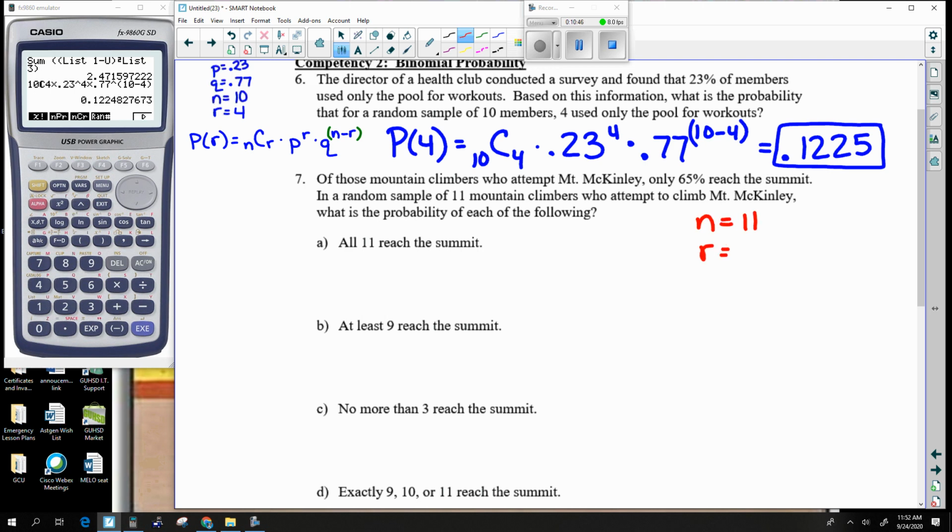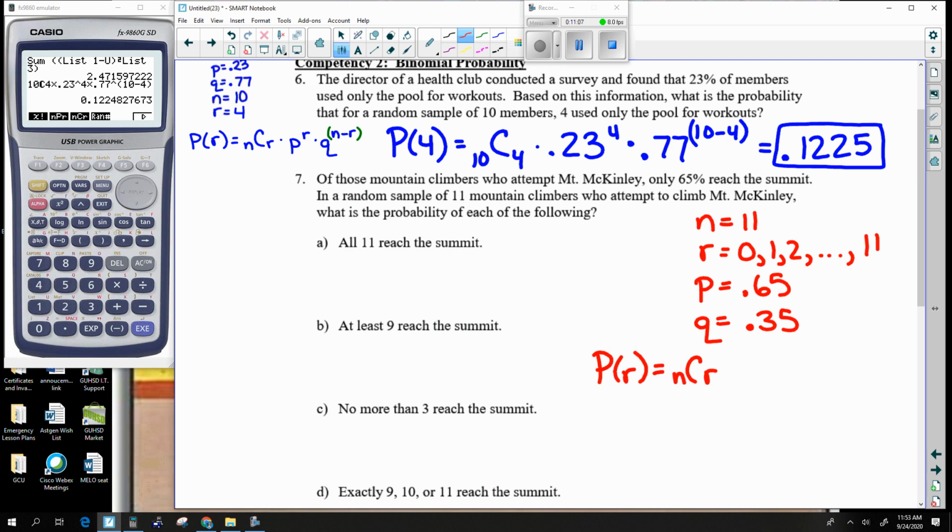That means the number of successes could be 0, 1, 2, all the way up to 11 successes. The probability of any individual success is 65%. That means failure is 35%. Again, the general formula of finding an individual probability is nCr, p to the r, q to the n minus r.